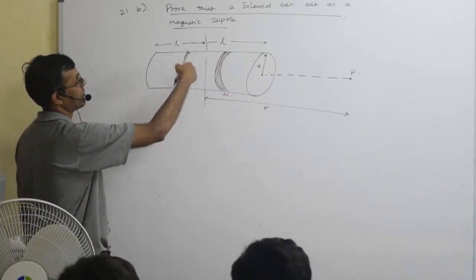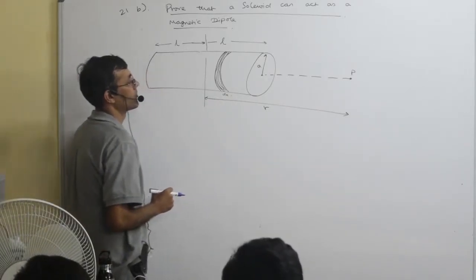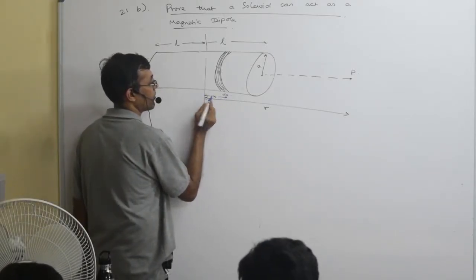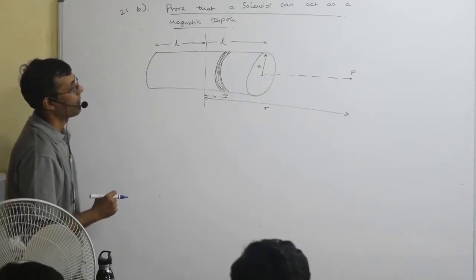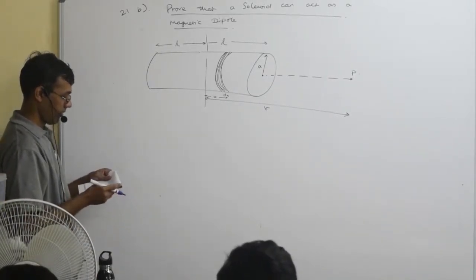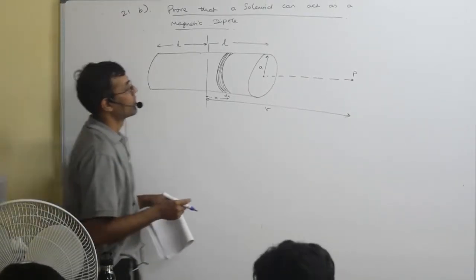Of course, you have windings everywhere. For integration purpose, I'm going to consider small dx first. And this distance is taken as x first from the center.